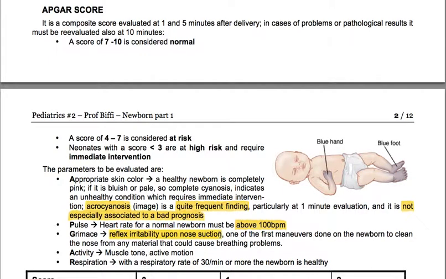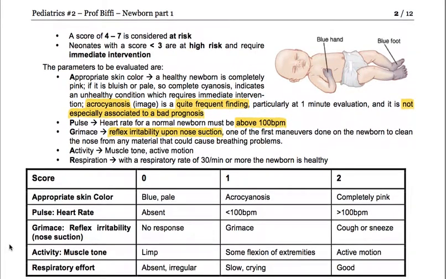We have activity, so muscle tone, active motion, and respiration with respiratory rate of 30 per minute or more. Then the newborn is healthy. So the score is: appropriate skin color, 0 if blue pale, 1 if acrocyanosis, and 2 if completely pink. Pulse, heart rate: 0 if absent, 1 if less than 100 beats per minute, and 2 if more than 100 beats per minute.